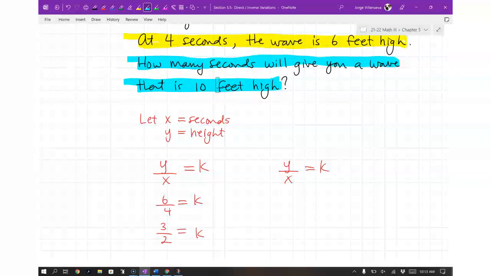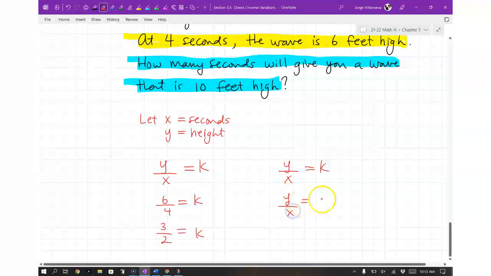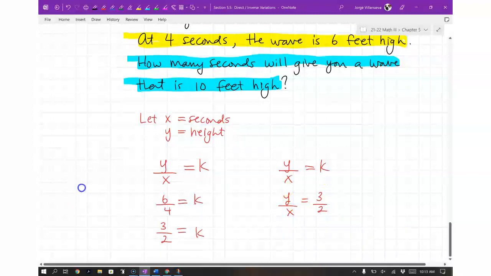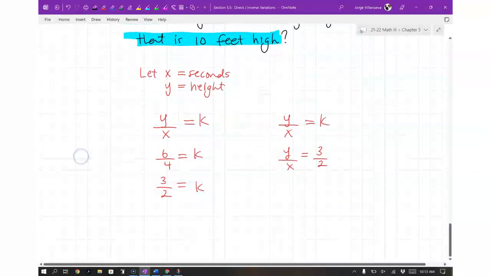So my y value, the height, is 10. My x value is unknown. So let me rewrite this part right here. y over x equals 3 over 2, right? Because we know k is 3/2. And we know that y is 10.